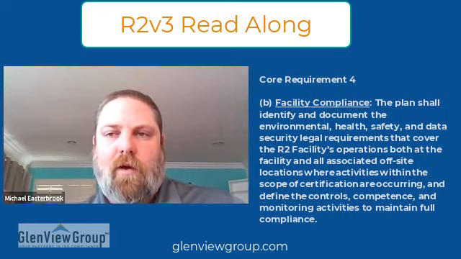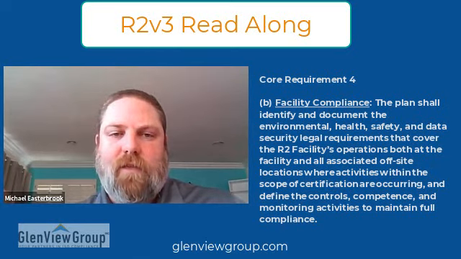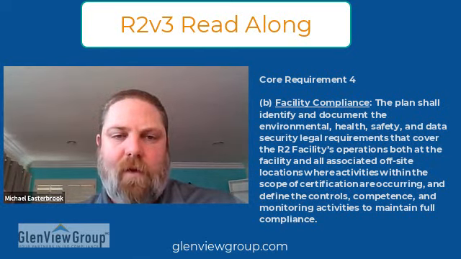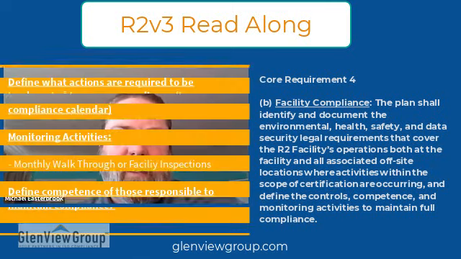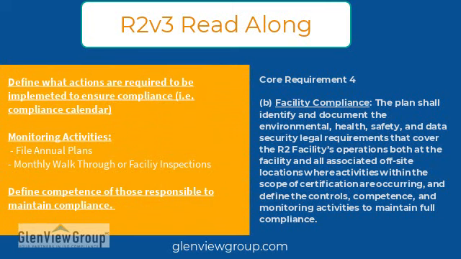Remember, in core requirement 1 on scope, it's talking about having a list of all facilities that are within the scope of the certification. There may be some facilities that are doing collection, or as Maya said, retail stores or anything like that. So what are the specific legal requirements for those facilities as well? And what kind of controls, competence, and monitoring activities do you have in place?